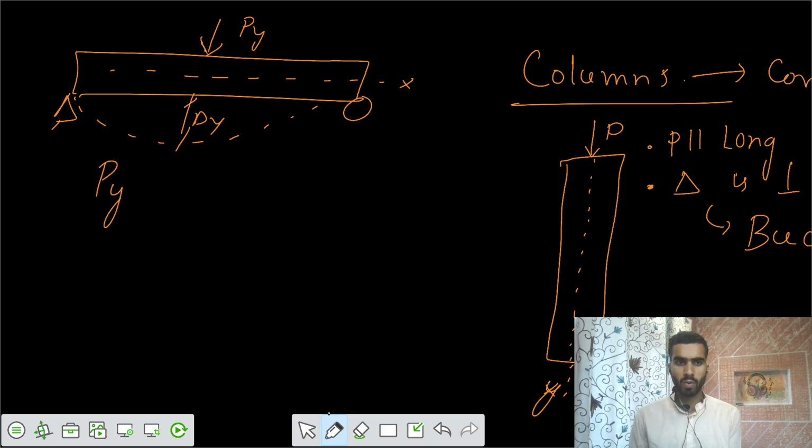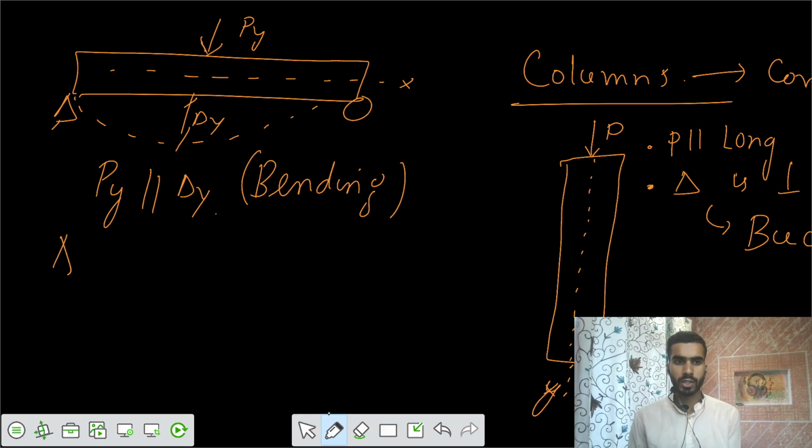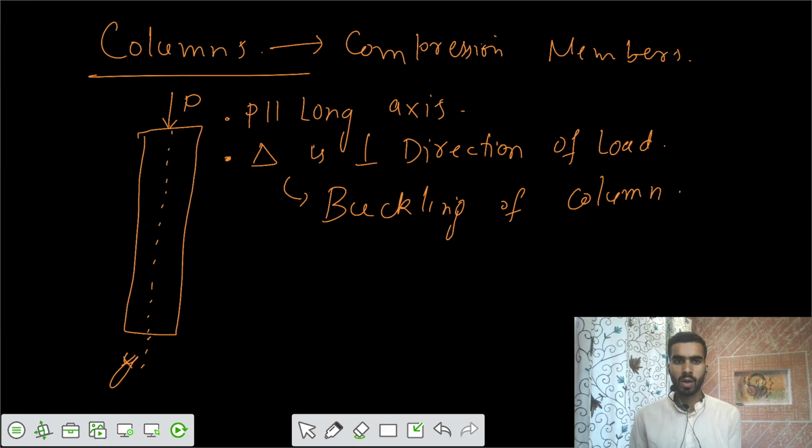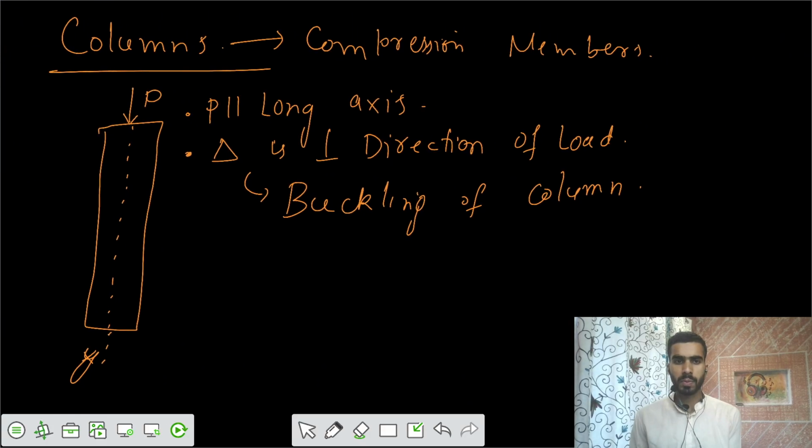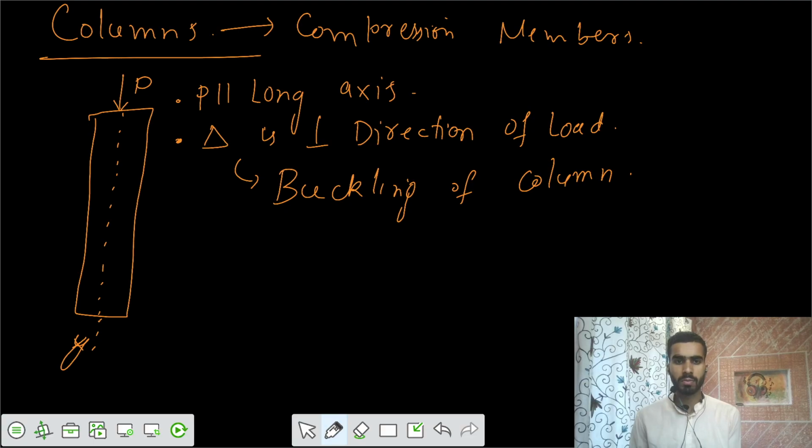So I would say Py is parallel to delta y. So this is called bending. In bending there is deflection in the direction of load. And for these columns we have the deflection that is perpendicular to the direction of load, that we call buckling.